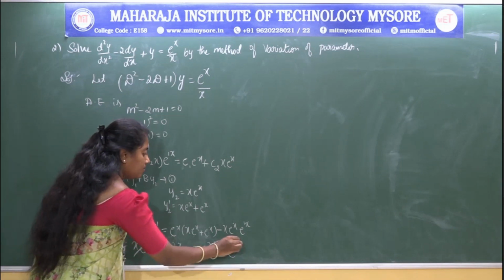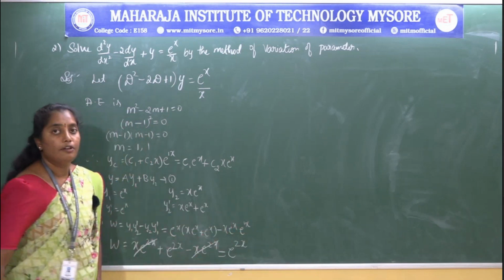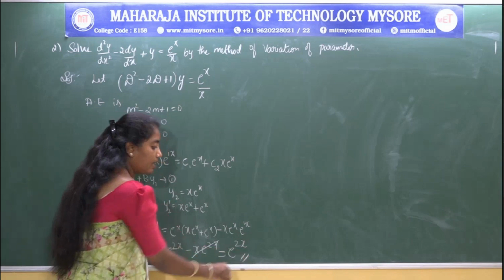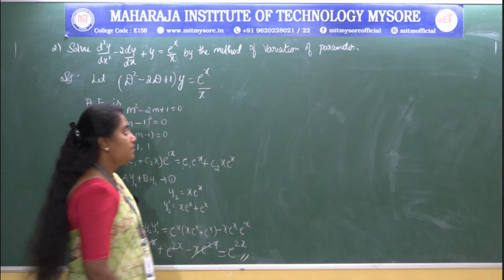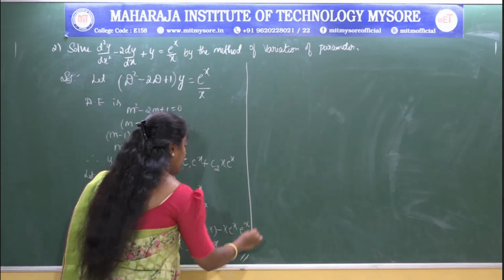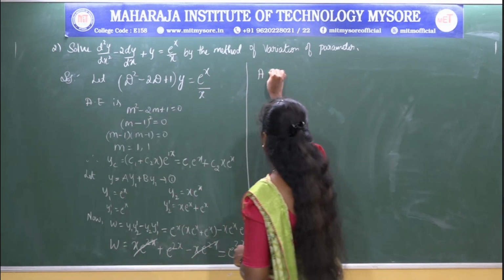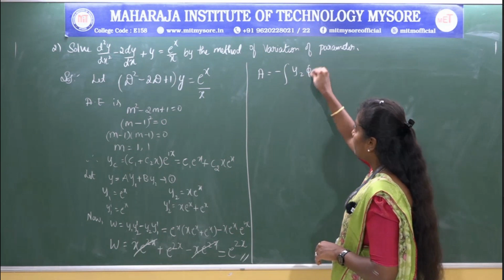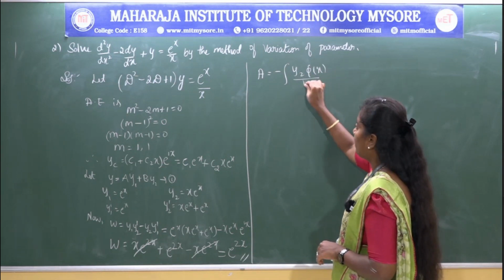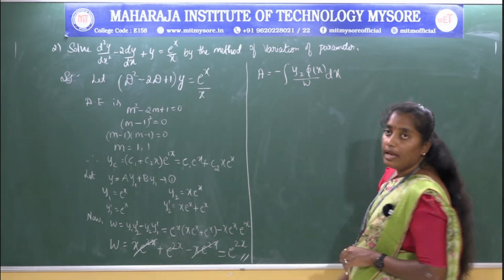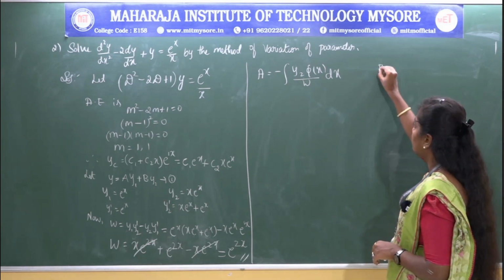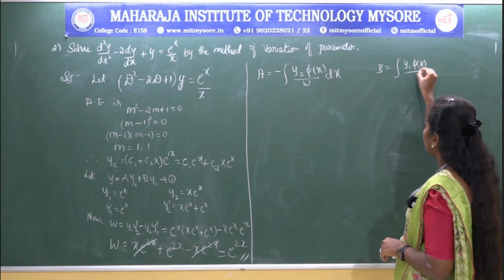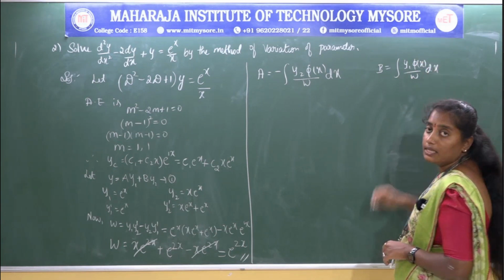The remaining term is plus e^(2x), which is the value of W. Next we need to find the values of a and b. A is equal to minus the integral of y2 phi(x) by W with respect to x, and b is equal to the integration of y1 phi(x) by W with respect to x.